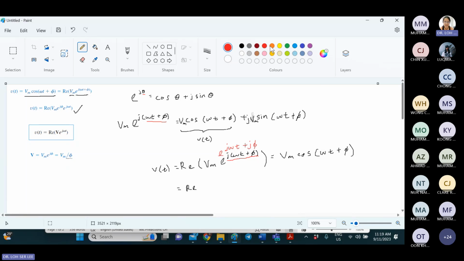Okay, remember this. We have the properties of exponential function: e^(a+b) equals e^a times e^b. Okay, e^a times e^b. So this one is actually e^(jωt) times e^(jφ).